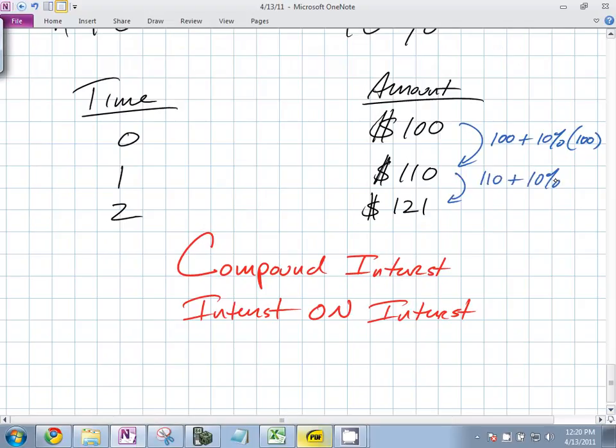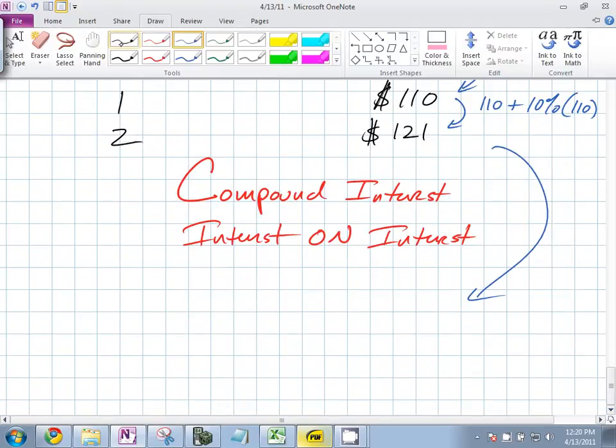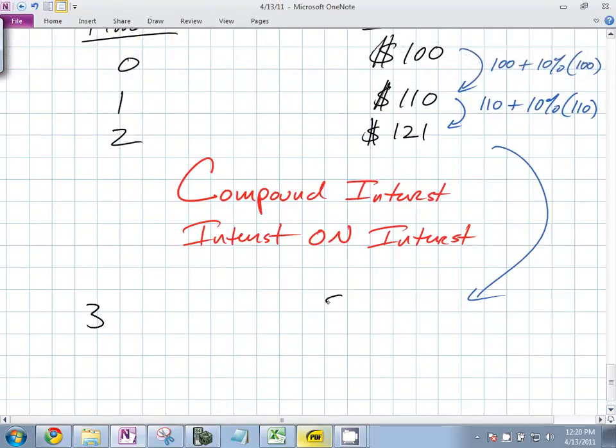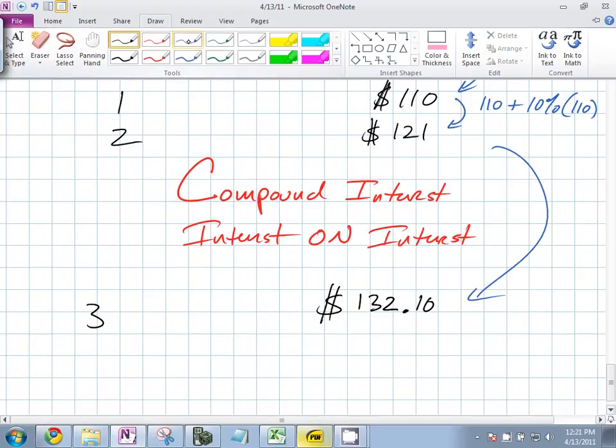So if I wanted to go to year 3, can someone in their head tell me how much it is? What's 10% of 121? What's 12.1 plus 121?